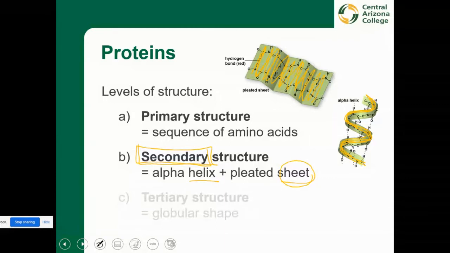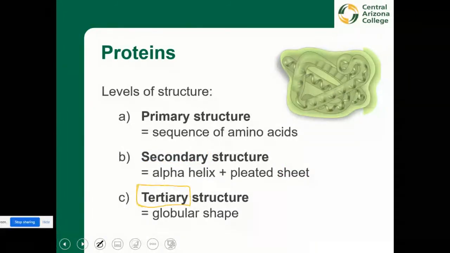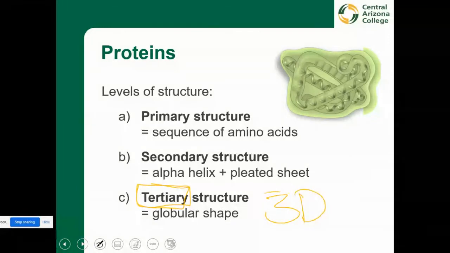And the tertiary structure of a protein steps into this really fully 3D world. What we're seeing here is a good example of what a protein can be viewed as on a tertiary level. Here it's taking this globular shape.